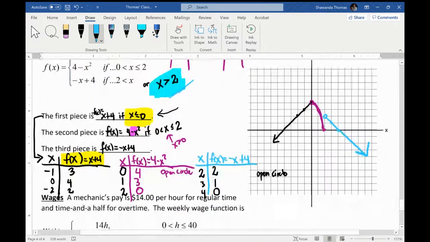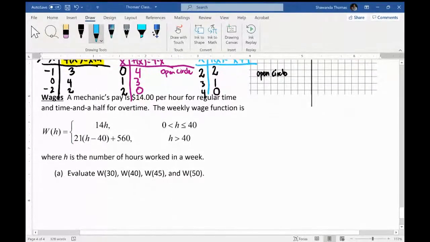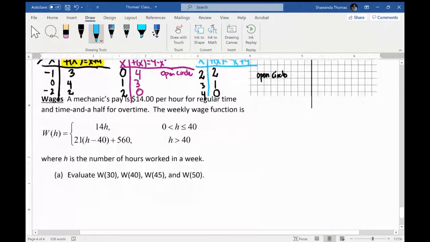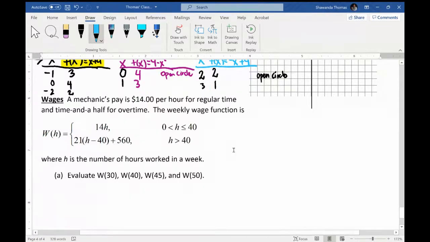All right, very good. We're going to go to our little word problem here. It says wages. So I'm going to erase some of this. A mechanic's pay is $14 per hour for regular time and time and a half for overtime.